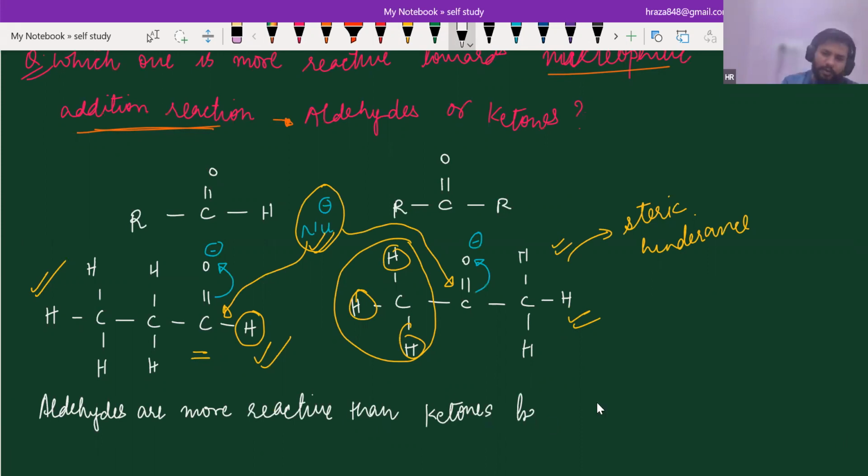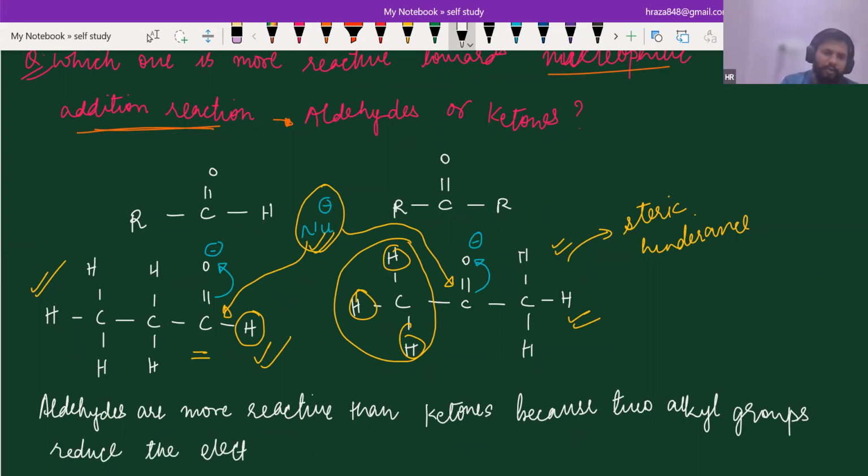Two alkyl groups reduce the electrophilicity of the carbonyl carbon.